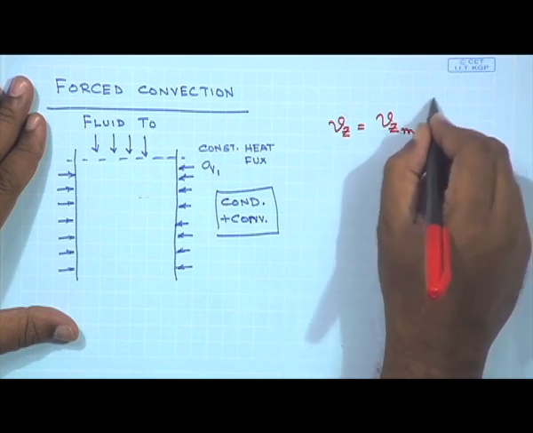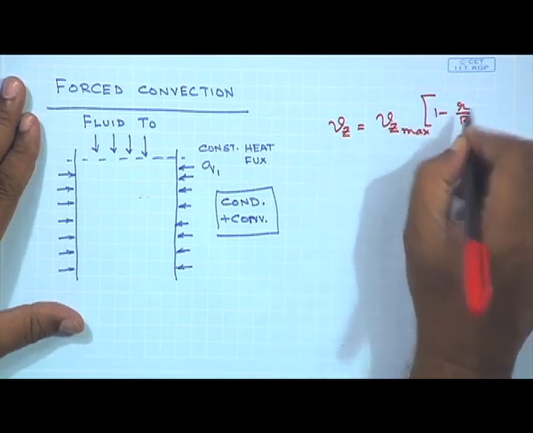So, the convection is induced by the velocity of the fluid, and we understand that when a fluid flows in a pipe under the action of gravity as well as an imposed pressure gradient, in laminar flow the velocity profile that you would expect is going to be parabolic in nature, which we have done in our treatment of the fluid mechanics part, momentum transfer, where we saw that the profile is laminar, it is parabolic, and the velocity is expressed with the following formula: Vz is equal to Vz max times 1 minus (R by R) whole squared.